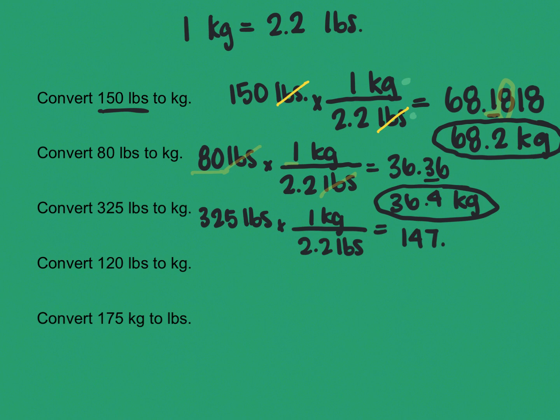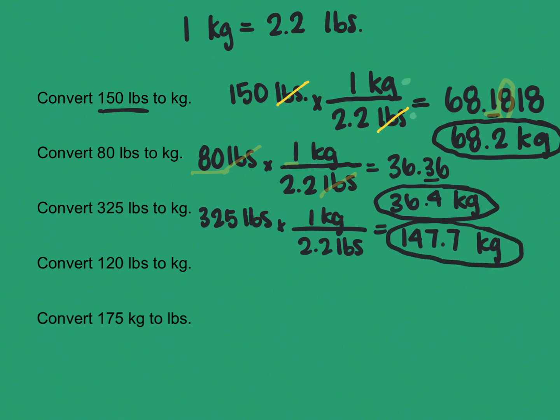So we don't have to round up on that. We just leave it at the 7. So it would be 147.72, but because this 7 has a 2 to the right of it, we leave it at a 7. So we can just go back to 147.7 kilograms. And that's our final answer.